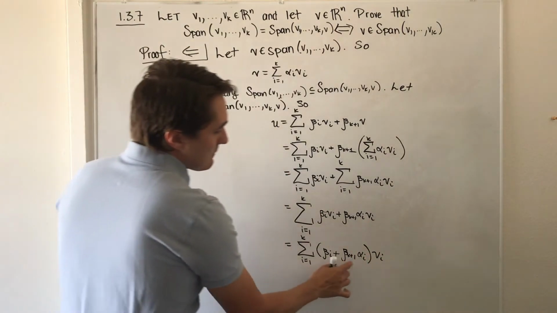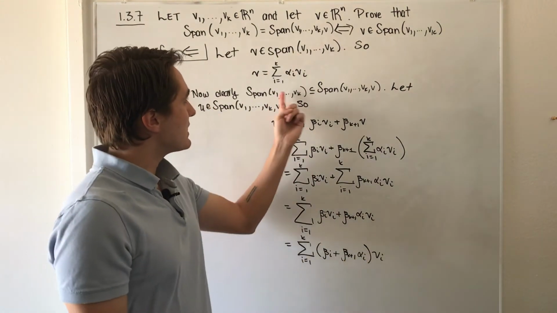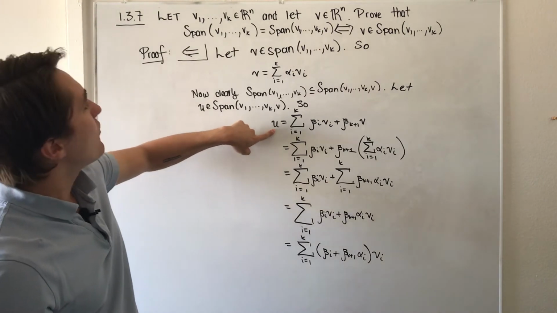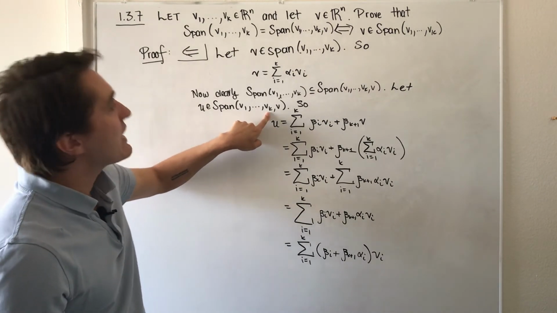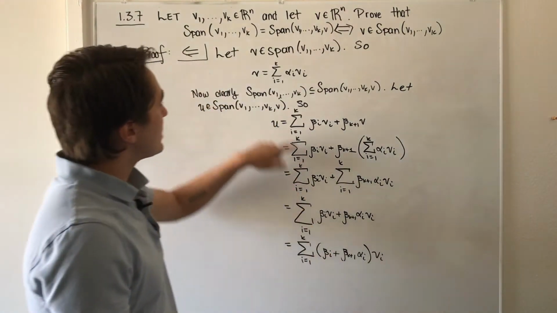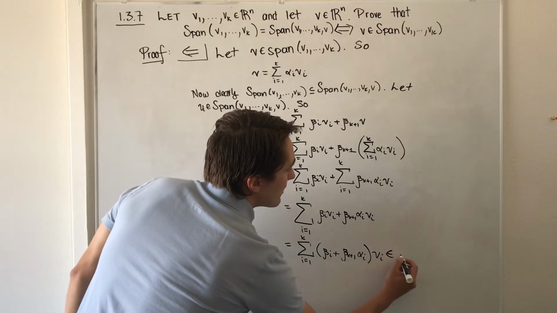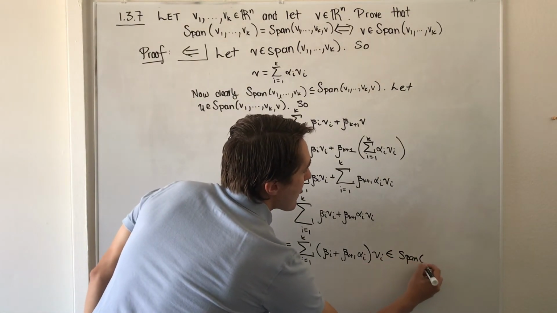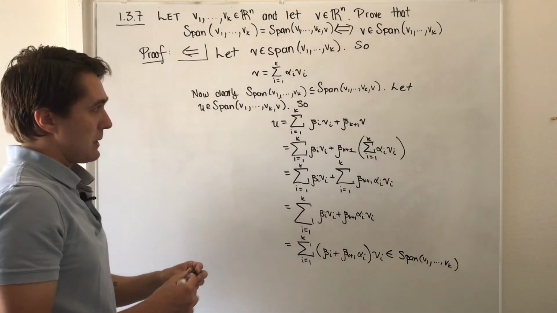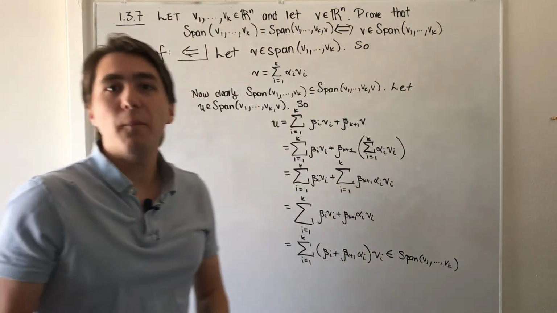But look at this: that's a linear combination of the Vi's going from 1 to k. So when I took an element u from the span of V1 through Vk and V, I got it as a linear combination of just V1 through Vk, which is an element of the span of V1 through Vk. And so this is a subset of that, and hence they're equal.